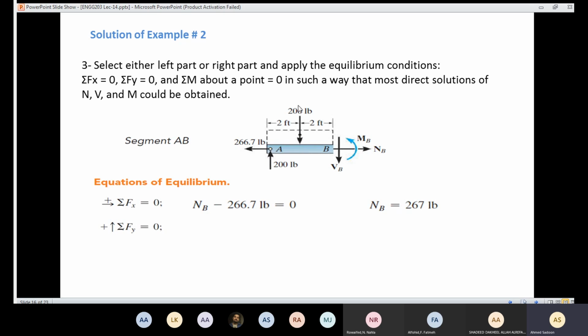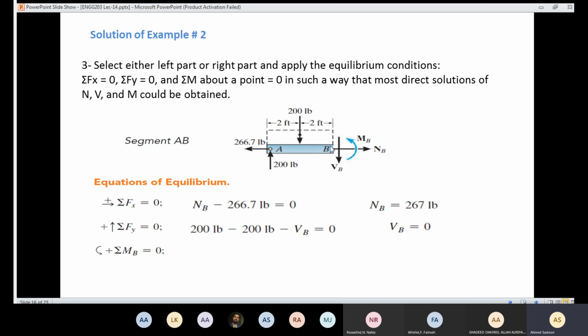So this one is going to be negative, and we have VB is going to be negative as well. One equation, one unknown, I can easily solve for VB. VB came out to be 0. So at that point, I don't have any shear force.